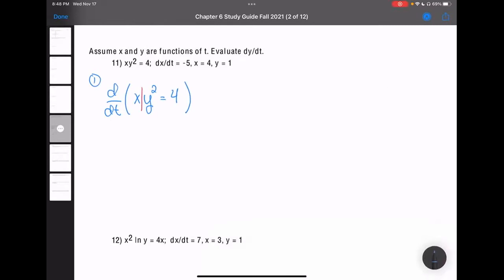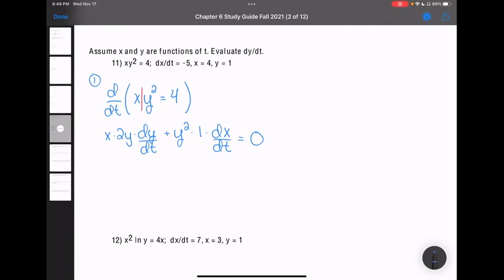So we have first times derivative of the second. And because we're doing everything with respect to t, we have to remember to always include the dy dt and dx dt terms. And then the derivative of 4 is 0.